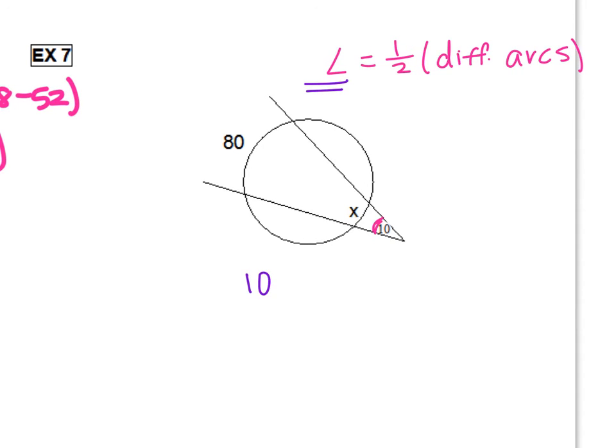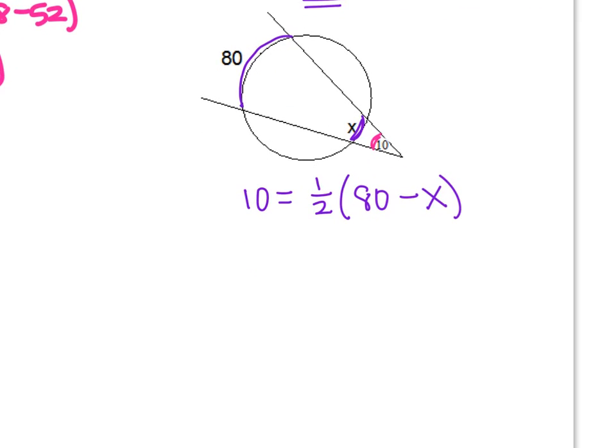So we're going to say 10 equals 1/2 times, and then we're going to subtract the two arcs, always starting with the bigger arc. Well, this 80-degree arc is our biggest arc, so we're going to say 80 minus, and then the arc we're trying to find is x. So 80 minus x.